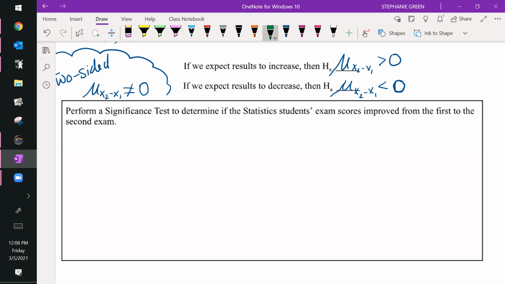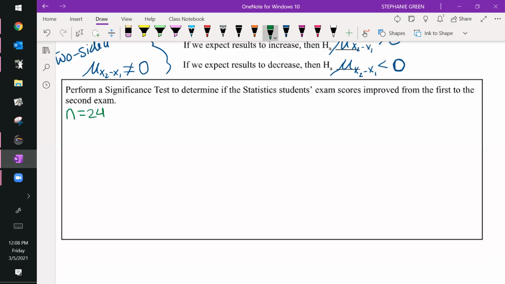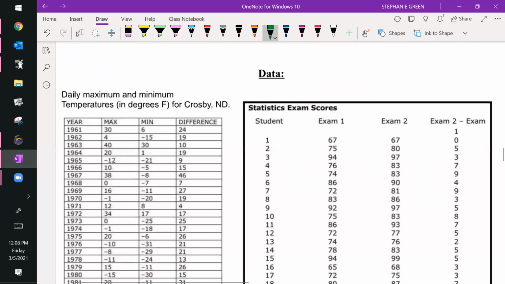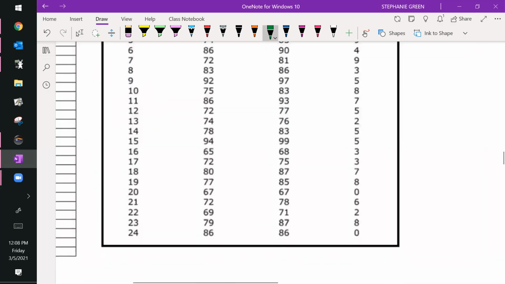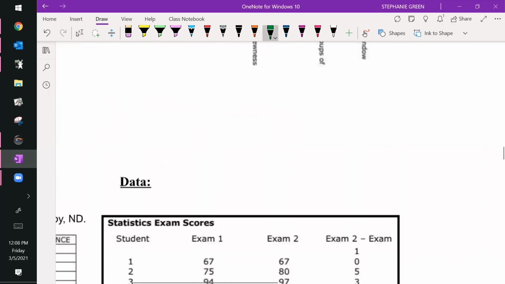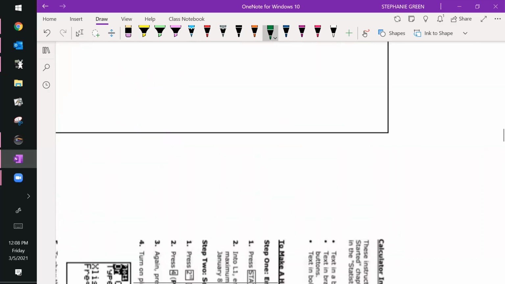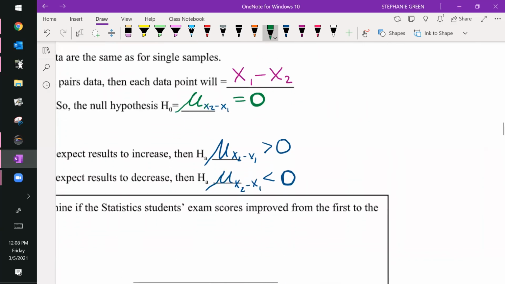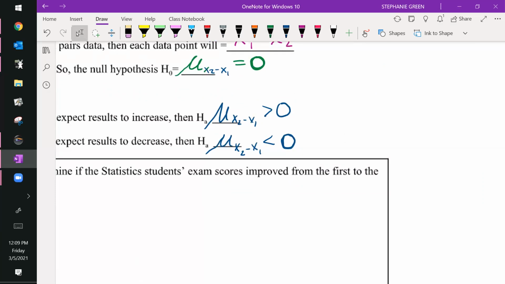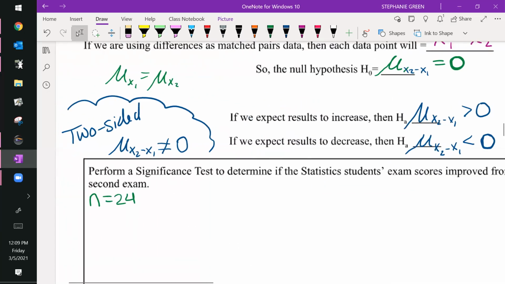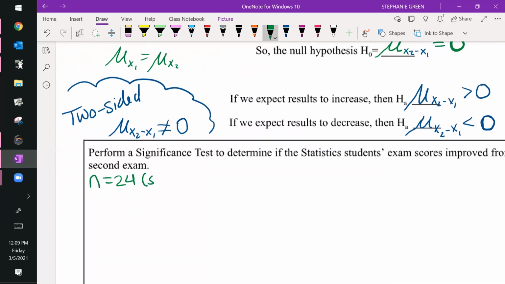So in this case, our sample size is 24. Looking at this data here, 24 students. Okay, so my sample size is 24, which is small.